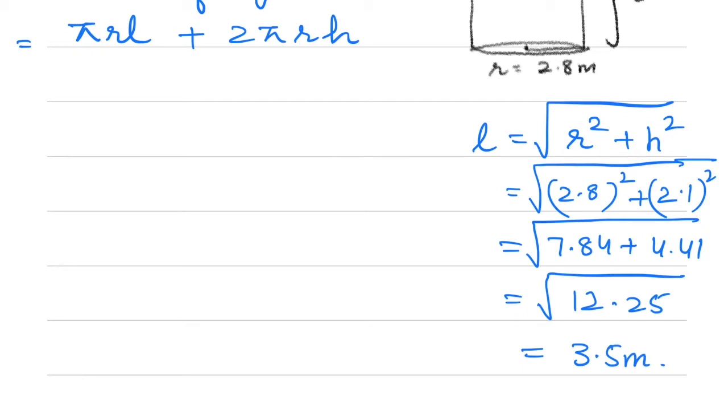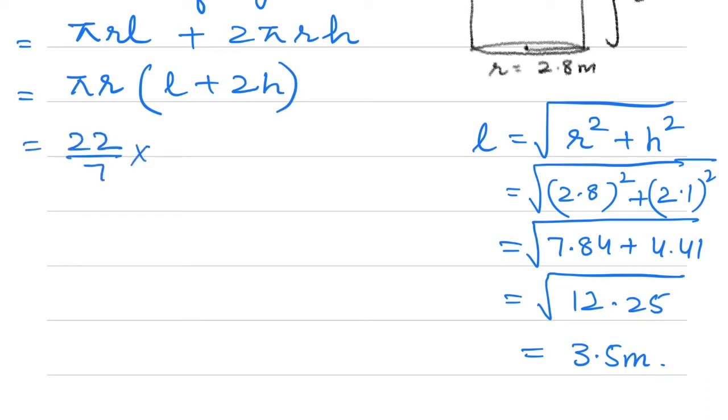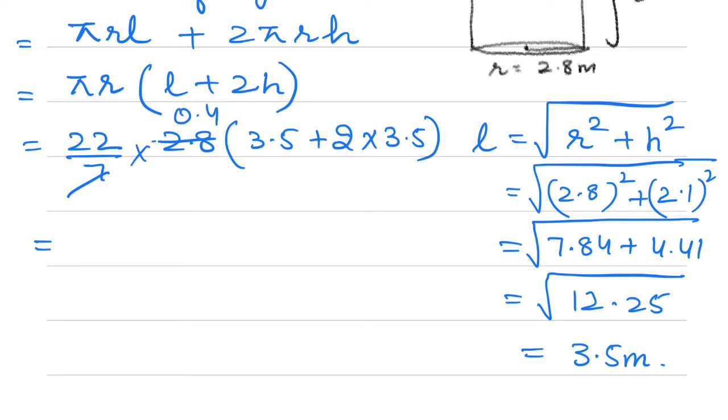Now let's substitute this here. Pi and R I can take common here, so I have L plus 2H left. Pi is 22 by 7 into radius 2.8 for both, and L is 3.5 plus 2 into 3.5, height of the cylinder. So this is 8.8 into 3.5 plus 7.